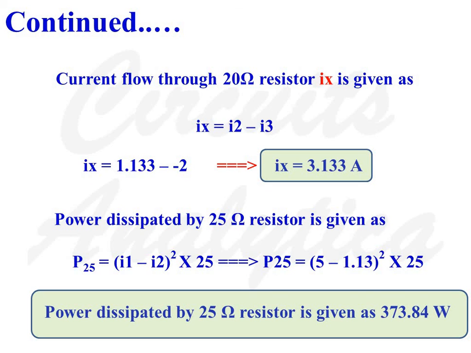Therefore, P25 is equal to (I1 minus I2) the whole square into 25. P25 is equal to (5 minus 1.133) the whole square into 25. So finally we will get power dissipated by the 25 ohm resistor is equal to 373.84 watts.